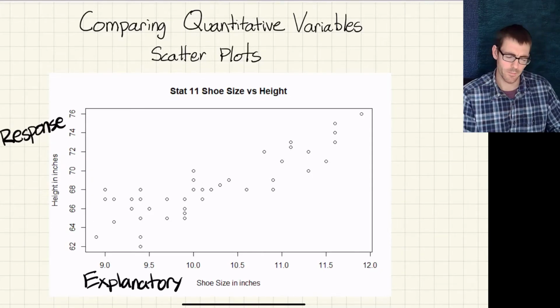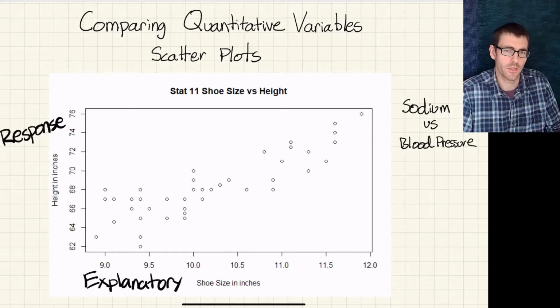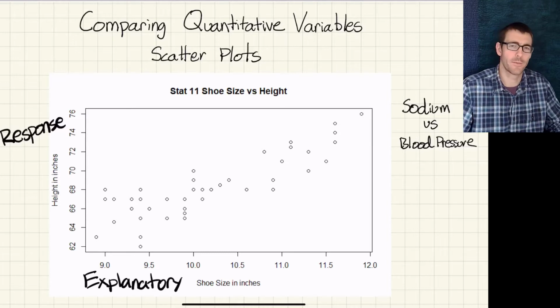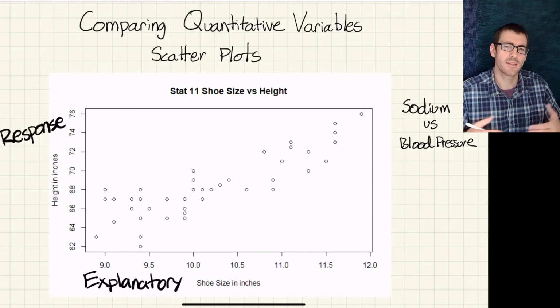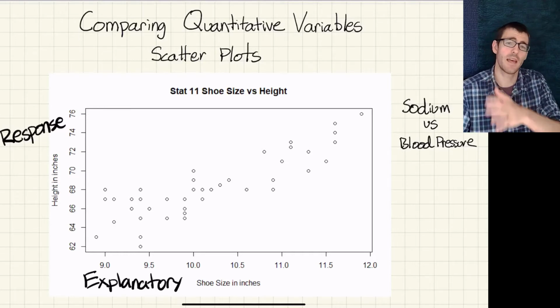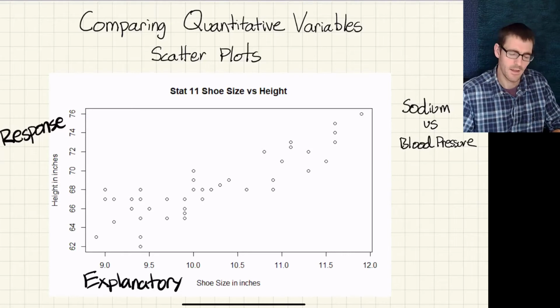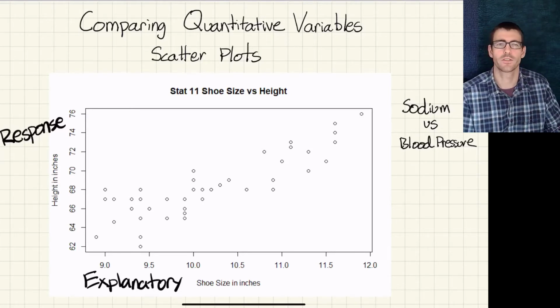Let's look at another example. Let's take sodium intake versus blood pressure. Regardless of the truth to a statement like this, it makes more sense to say somebody has higher blood pressure because they have a higher salt intake than it does to say somebody eats more salt because they have high blood pressure.